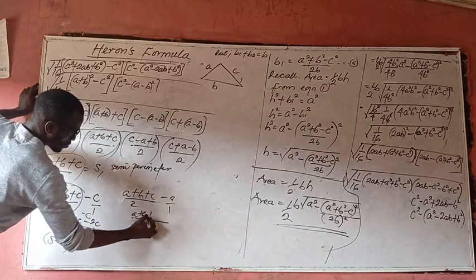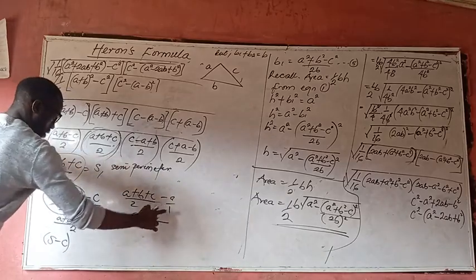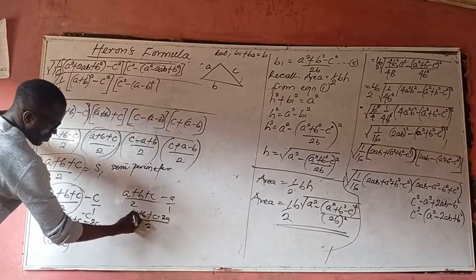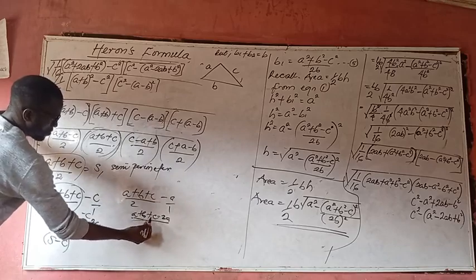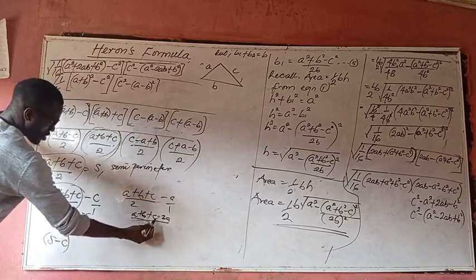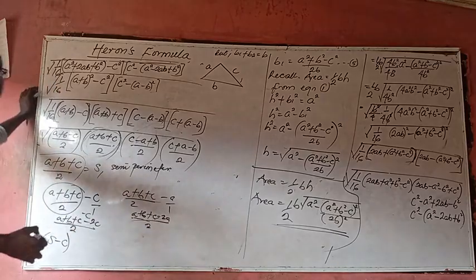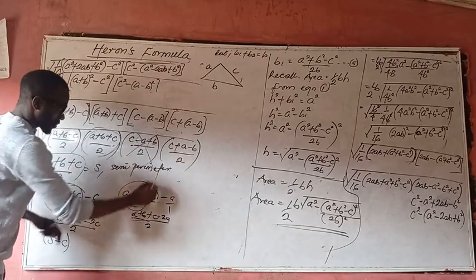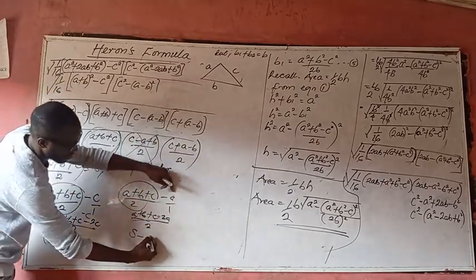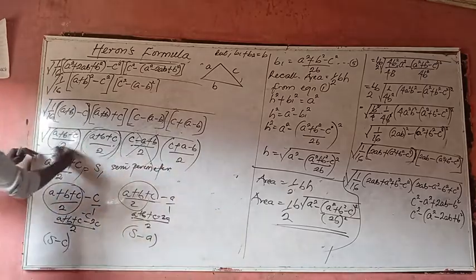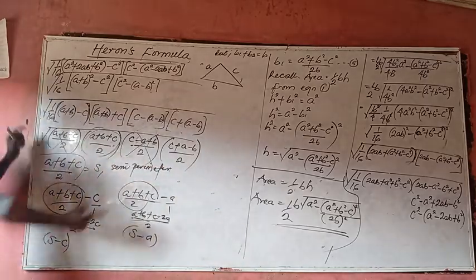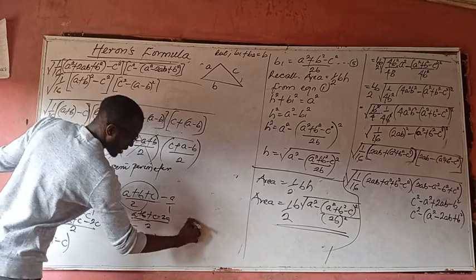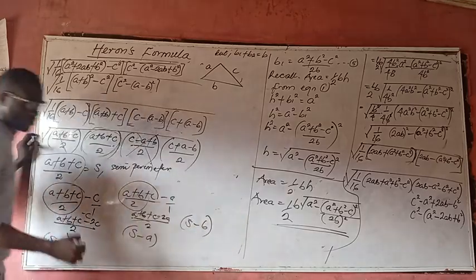So I have a plus b plus c, 1 into 2 times a, 2a. Minus 2a, you subtract, what will you get? Minus a. And you have b is positive, c is positive. Do you get it? So it means that this thing here is S minus a. Here, this one was S minus c. Then this one, since b is negative, from what I've been proving, we can also see that this means S minus b.